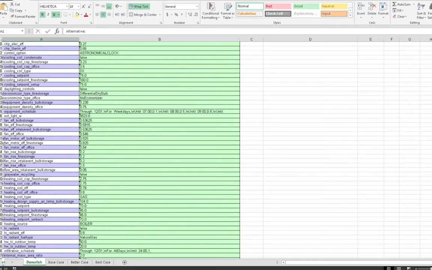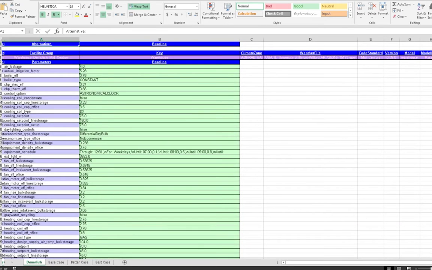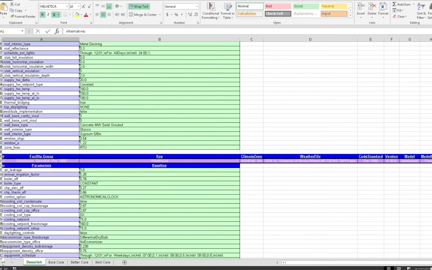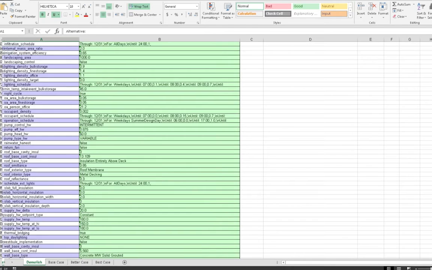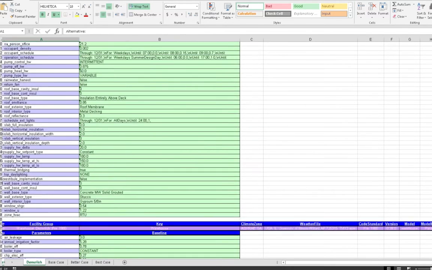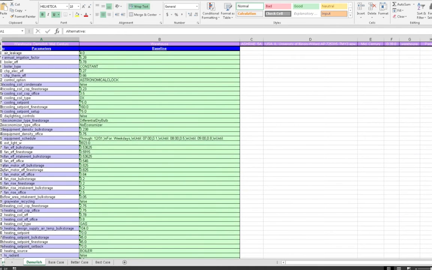So we start with our warehouse mid-century, then we went to our pre-1980 warehouse that we're going to demolish. And so we see all the parameters that were set for those two groups of warehouses that were going to be demolished. And of course it was the baseline, because that is what's selected.